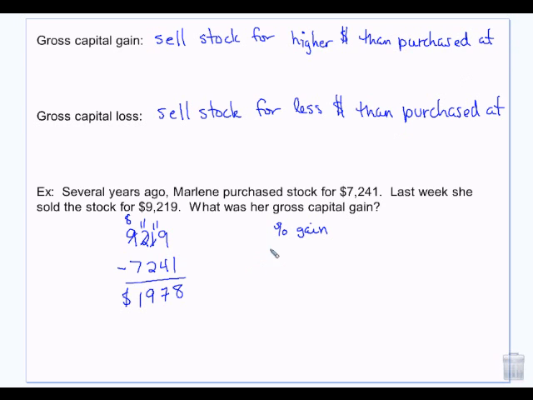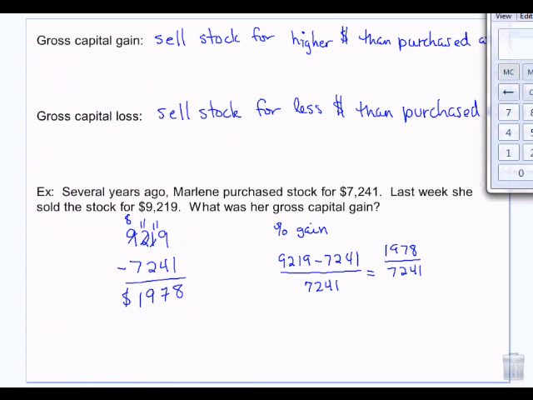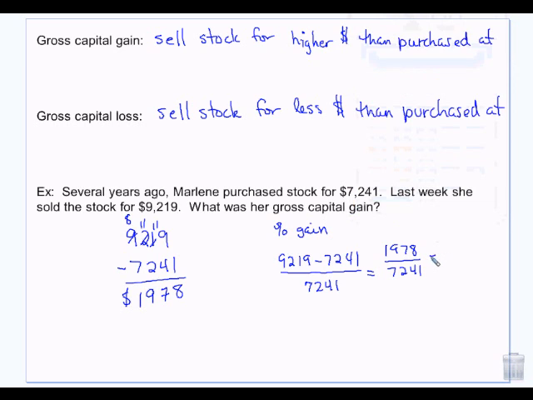I have the current price minus the purchased price divided by the purchase price. So that gives me 1978 over 7241, which I cannot do in my head, shockingly. Seems really high, actually.